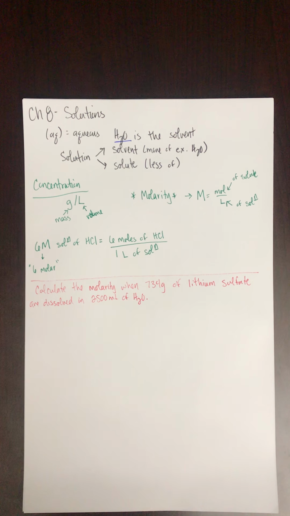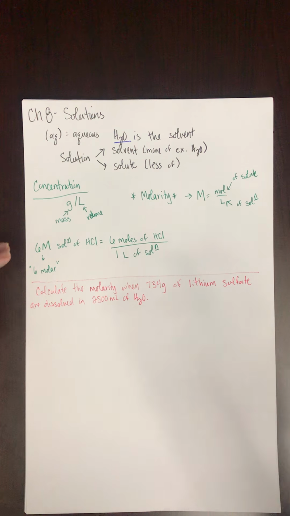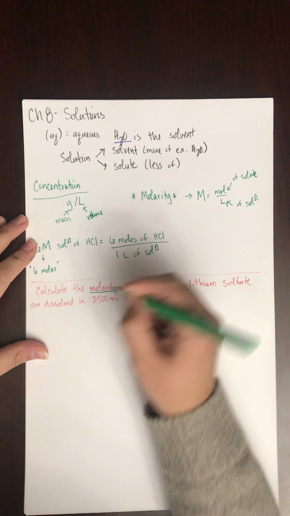Anytime you're doing problems like this, as they get more complicated, it's important to see what you're given and what you're asked for, and then write the steps to go from what you're given to what they're asking. This question is asking for molarity.